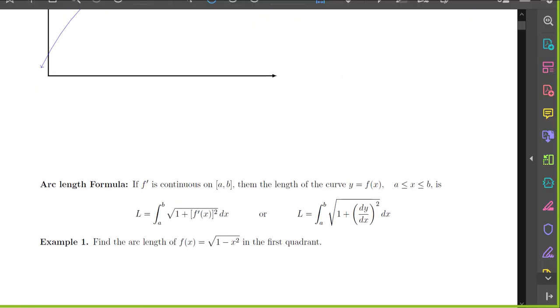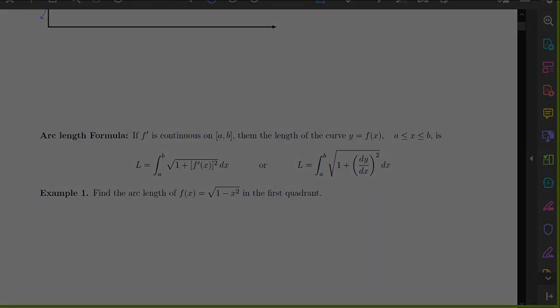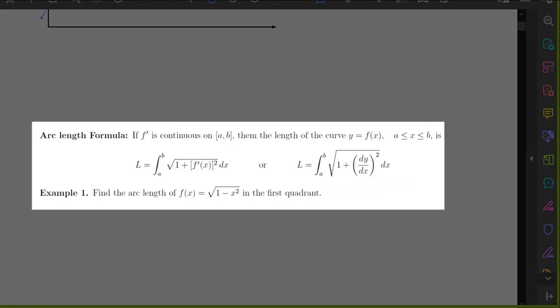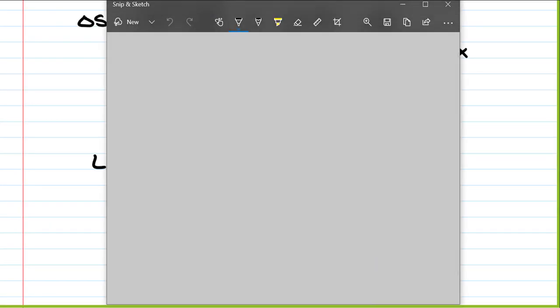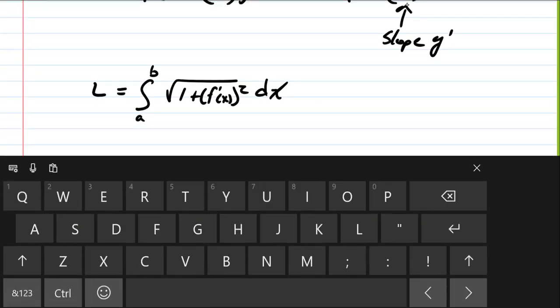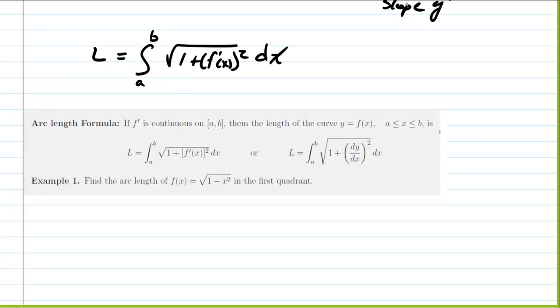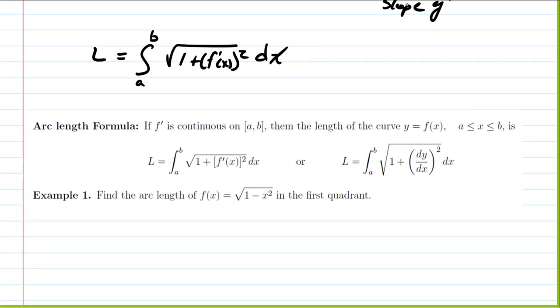And we can write that in either Leibniz or standard function notation. If you look on your note sheet, there is a nice typed version instead of my handwritten version for each of these. It says arc length formula.